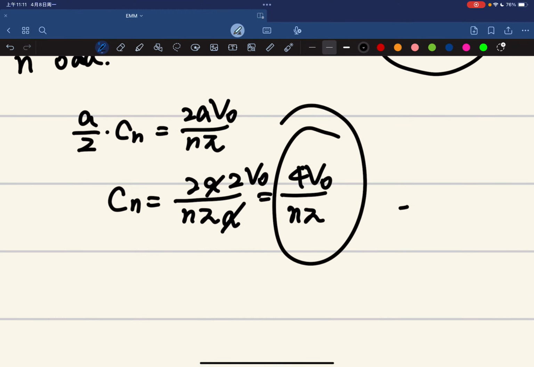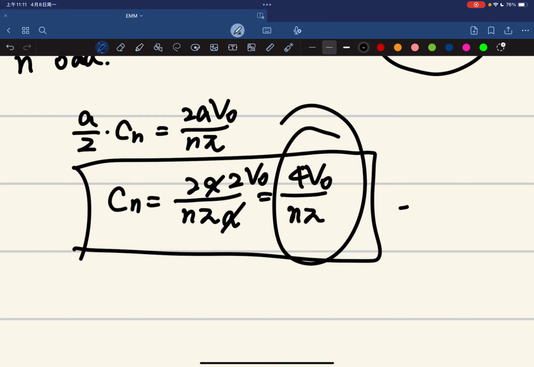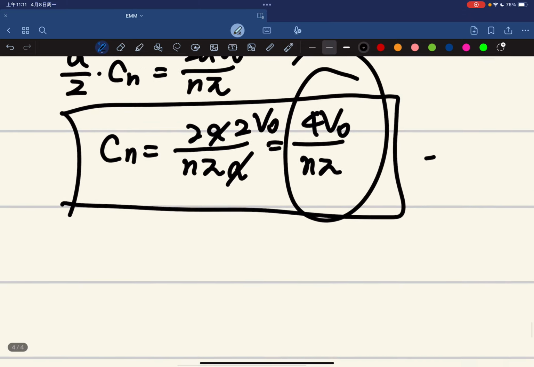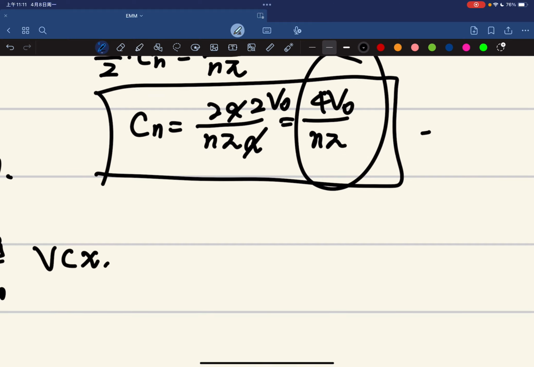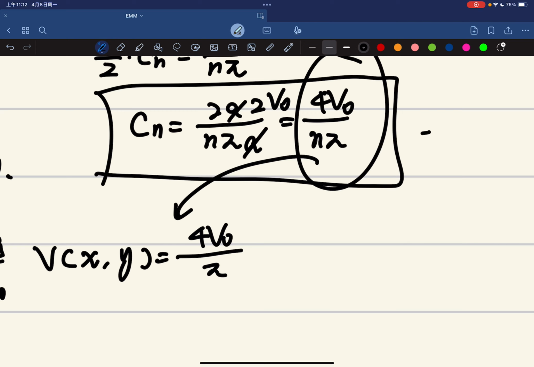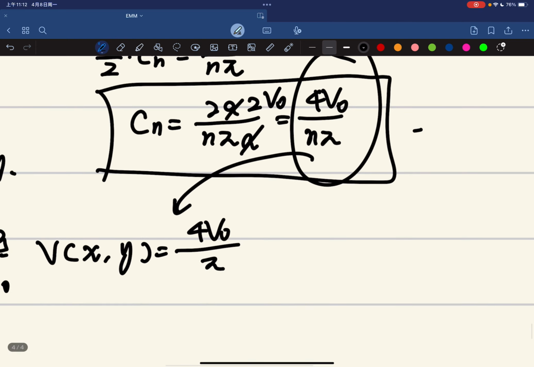So now I finally know what Cn is, and this is what I want, so that I can write the final general solution of the potential. This is V, this is just Cn, and n is an odd integer.